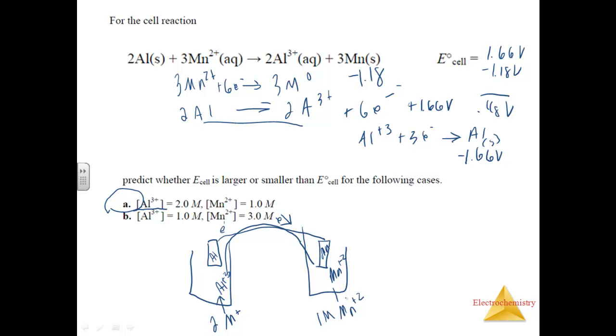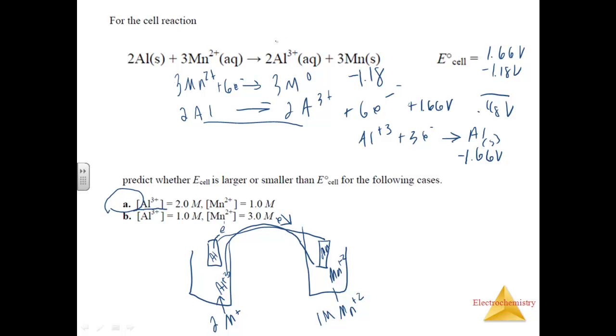If I think about it, the aluminum is losing electrons, becoming plus 3. So these are my products, and these are my reactants.